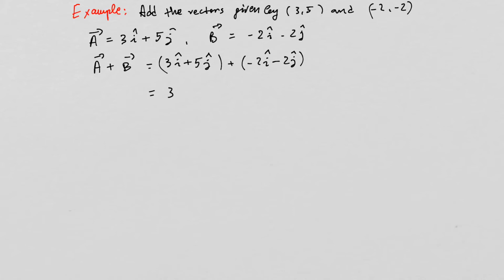So this will be 3 times i hat minus 2 times i hat plus 5 times j hat minus 2 times j hat. And so now this will be equal to (3 minus 2) i hat plus (5 minus 2) j hat.